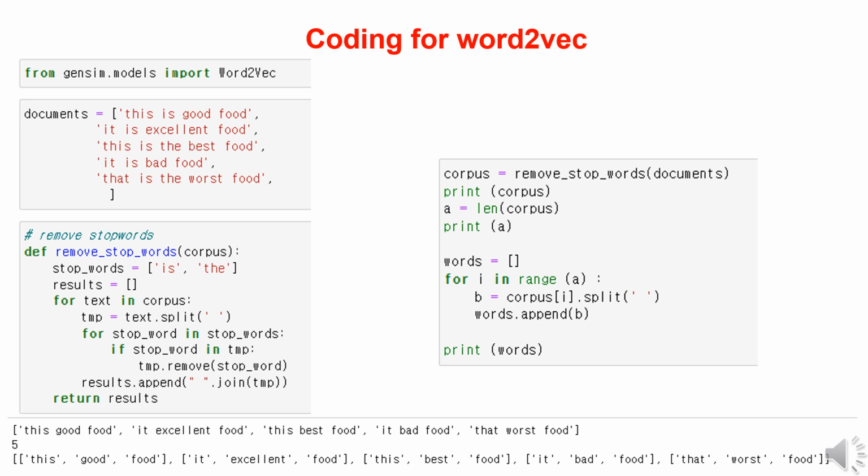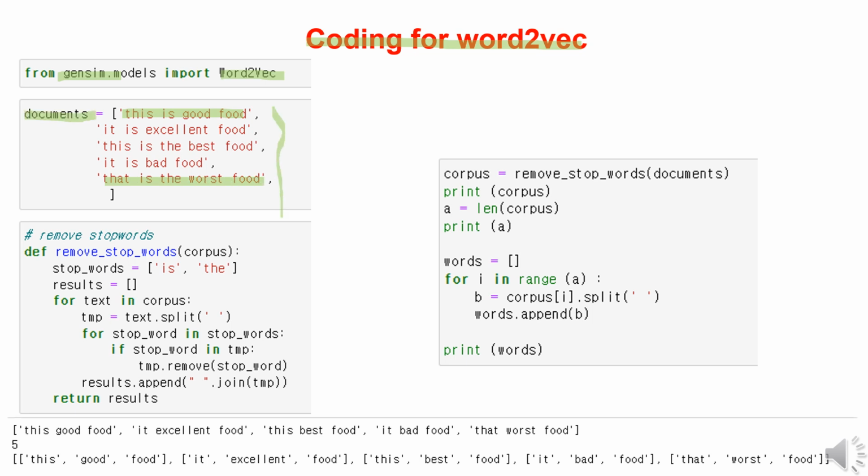Now, let's try implementing the Word2Vec method in code. The Jupyter Notebook file is available on GitHub, so you can download it and run it directly. Typically, the Gensim library is commonly used for implementing Word2Vec. First, we'll store 5 sentences, from "this is good food" to "that is the worst food", in the variable documents.